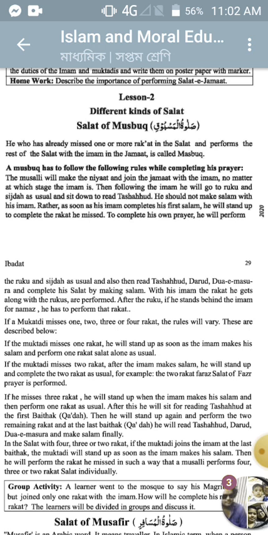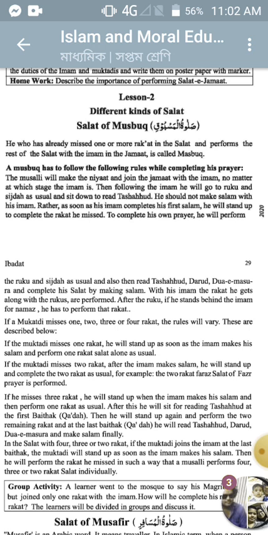The rakat he gets along with the imam in ruku is counted as performed. After the ruku, if he stands behind the imam for namaz, he has to perform that rakat. If a muqtadi misses 1, 2, 3 or 4 rakat, the rules will vary. These are described below.